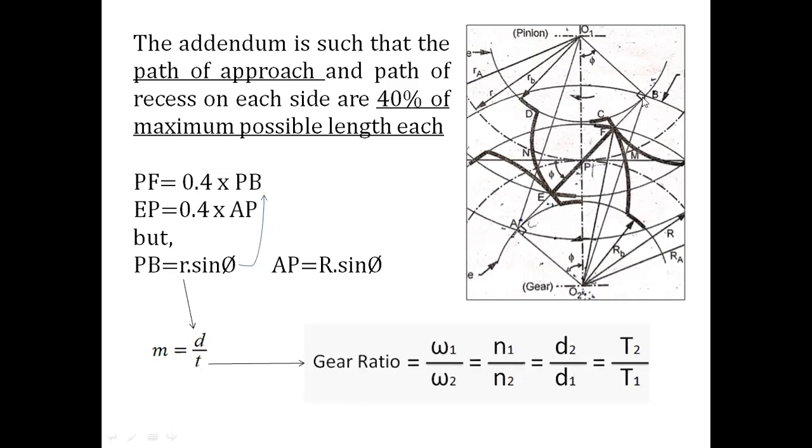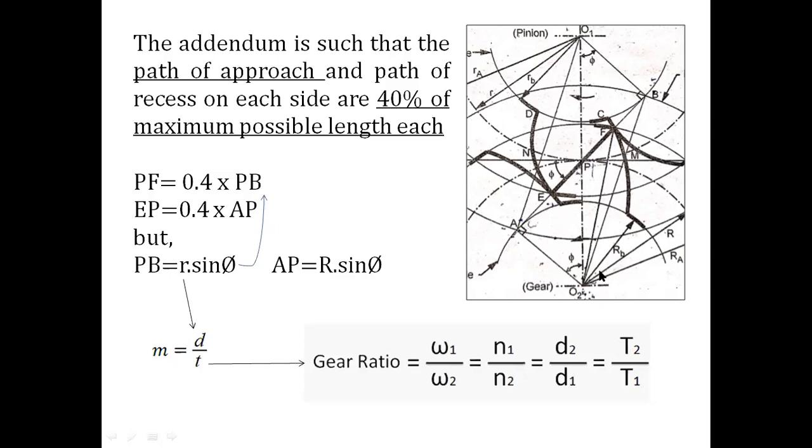So PB, as per trigonometric rule, will become r sin phi. I'm considering this triangle O1BP. The value of PB I'm writing in terms of r. Why r? Because this circle radius of pinion is given, or we can find it by the module formula. Okay, so PB is equal to r sin phi, and AP, same thing.